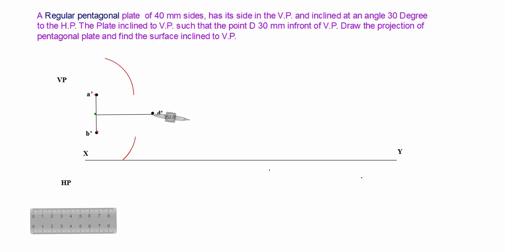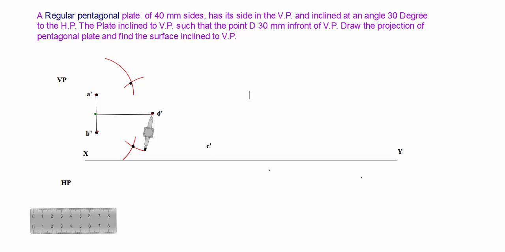Now you can choose the D point as a center, and draw the arc on top and bottom. And that intersection point is giving us our points C dash and D dash.